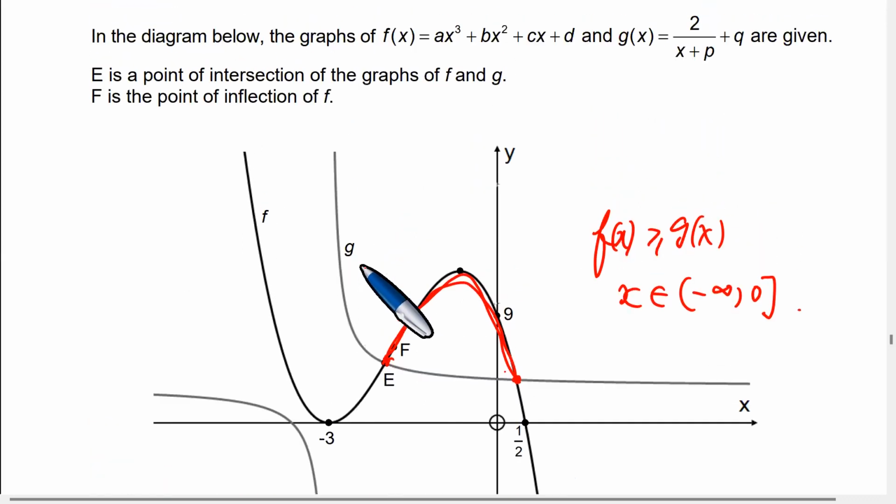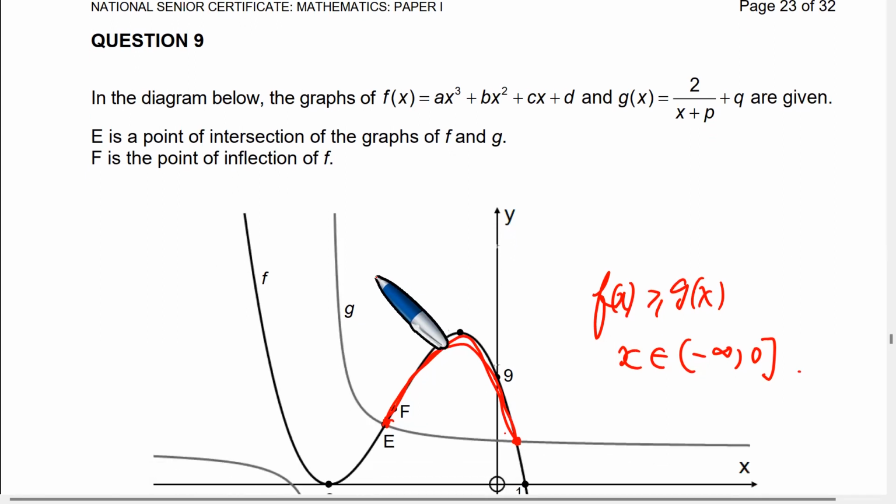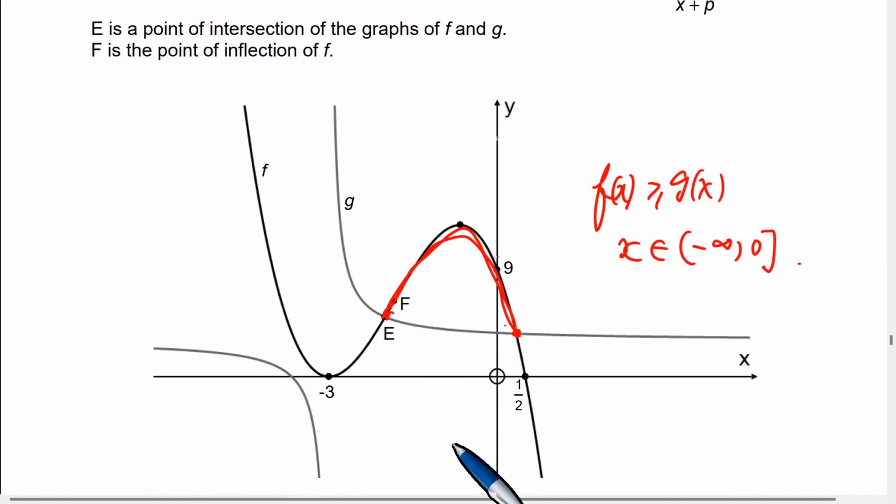Right, so this is question 9. Okay, let's analyze question 9 carefully. Now the f above g part would be the point of intersection, but also here is f, and also here is g.